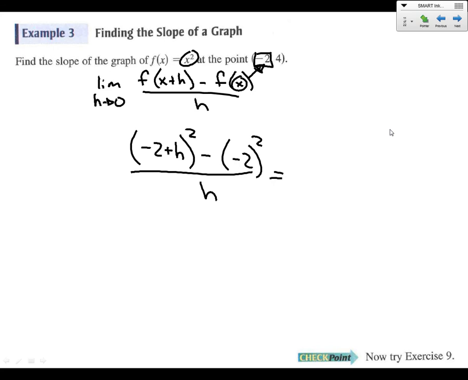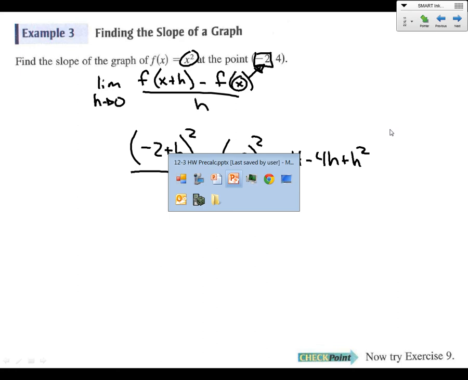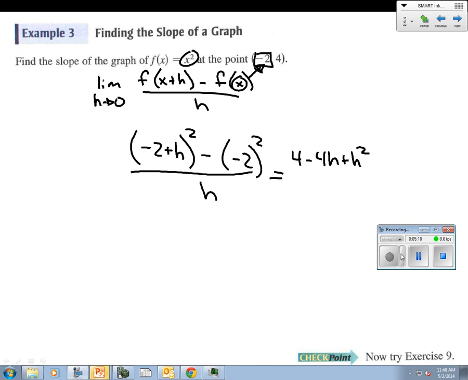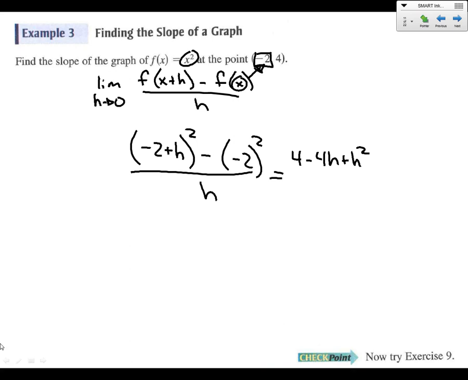Negative 2 plus h squared is going to be 4 minus 4h plus h squared minus 4 all over h. The 4's go away.